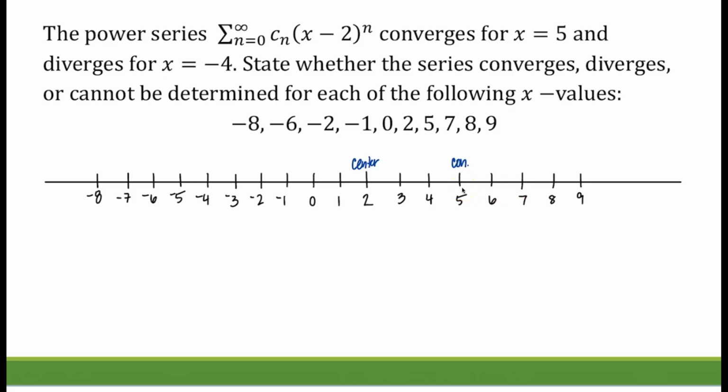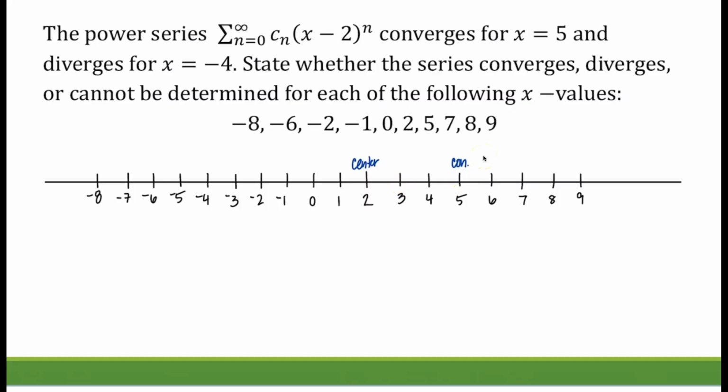One of the main things that we want to recognize is that our interval of convergence is symmetric about the center. So our radius of convergence extends from the center the same number of units to the right and the same number of units to the left. So we know that my power series is definitely going to converge for all values from the center up until 5. So it's going to converge for 3 and 4.